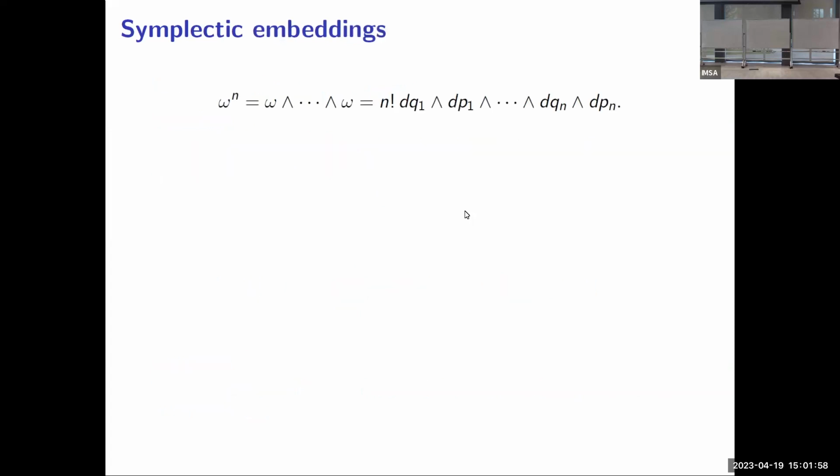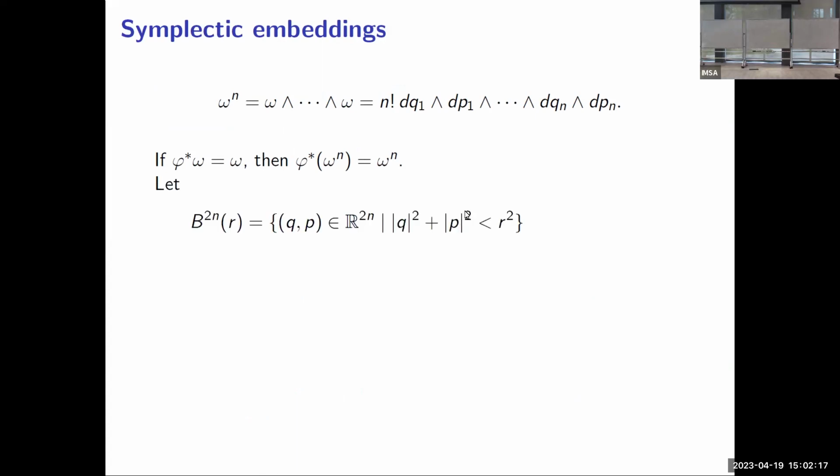So if you take our symplectic form and we take the wedge product of it with itself n times, we get a volume form in R^2n, which implies that if you map an embedding, a diffeomorphism, any kind of map that preserves the symplectic form, then you preserve the volume form as well.